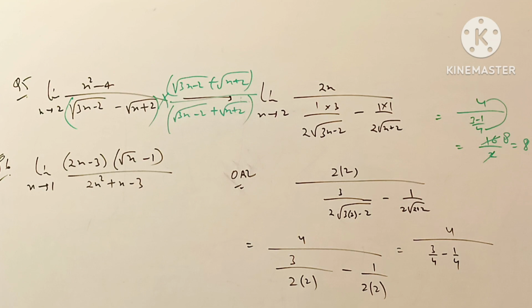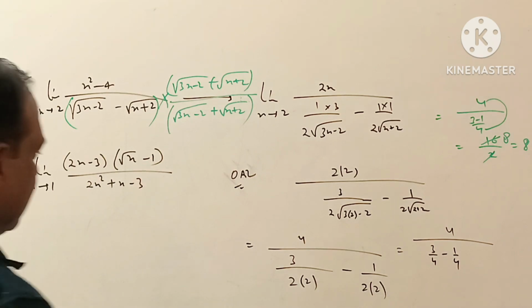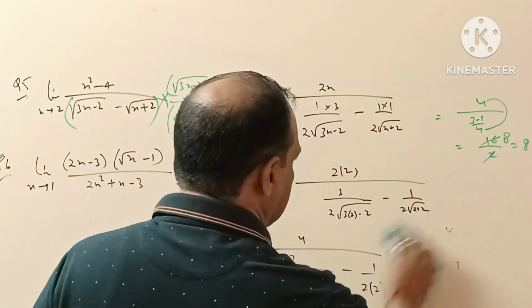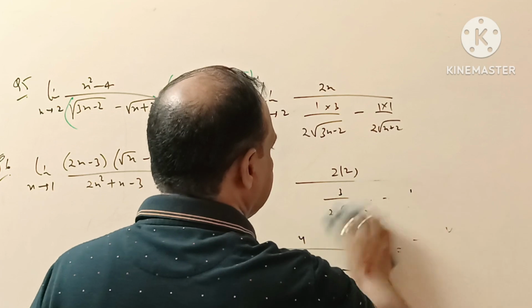You have to use a lot of formulas here, but with L'Hospital rule in this case you don't have to use any formulas, and you can simply do the things in a very short method. This is the beauty of what we call the L'Hospital rule.